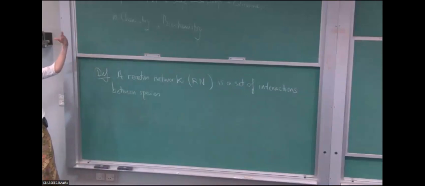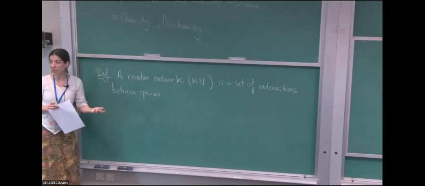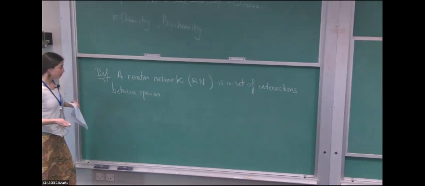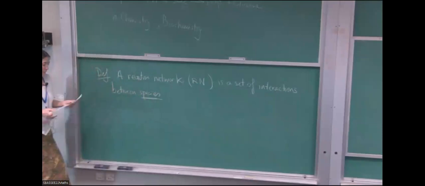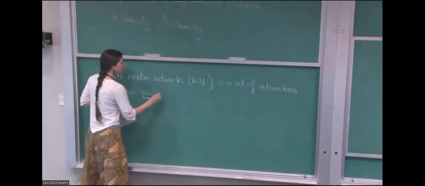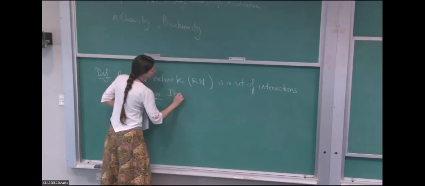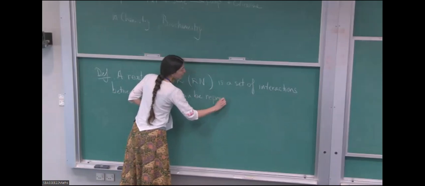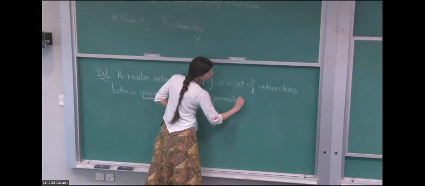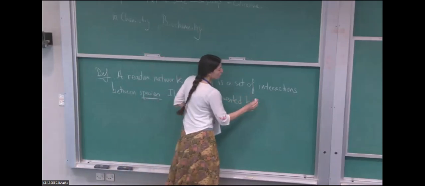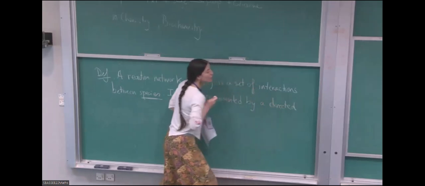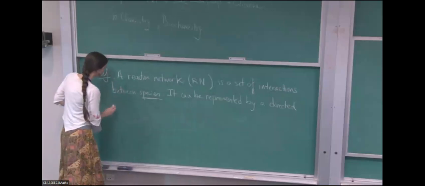Those species can be molecules, they can be proteins, they can be animals, they can be groups of people, and they can be represented by means of a directed graph.